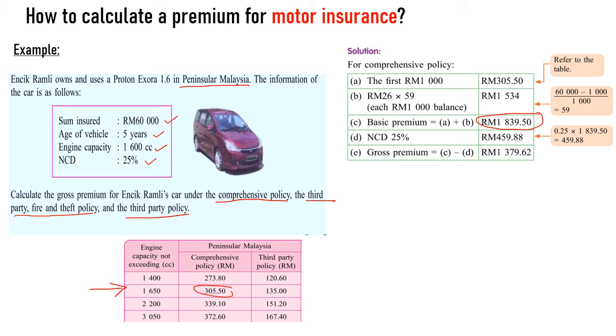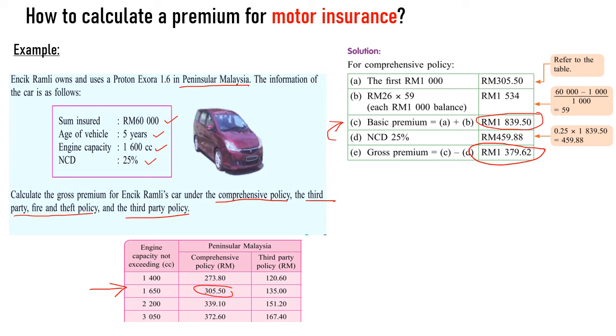However, with the discount of 25%, the discount that he gets is 459 ringgit 88 cent. This 25% is based on the basic premium. So at the end, the gross premium that Encik Ramli needs to pay is 1379 ringgit and 62 cent.